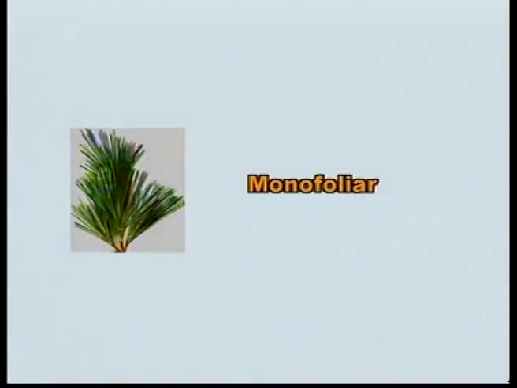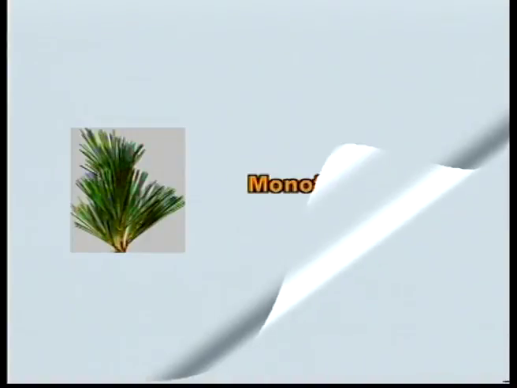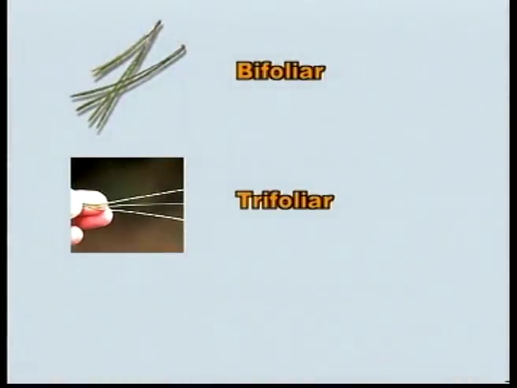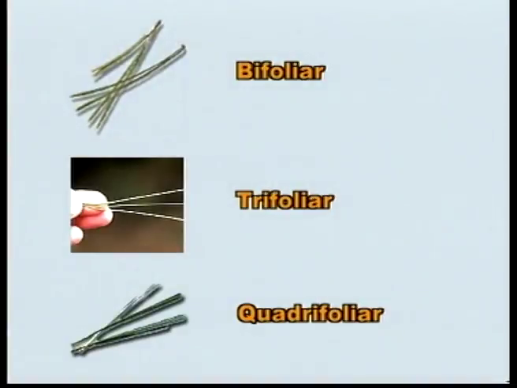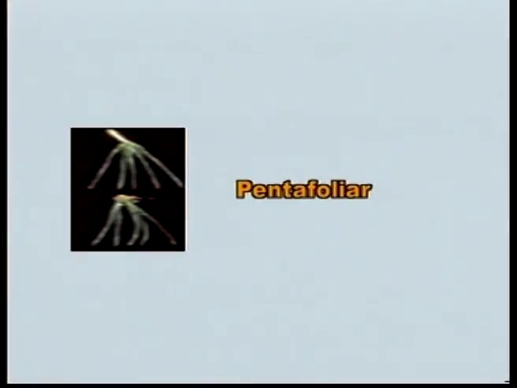There are different types of spur in Pinus which are based on the number of needles found in it. If there is one needle in a spur, it is called unifoliar or monofoliar spur. If there are two needles, it is called bifoliar. With three needles, it is trifoliar, 4 is quadrifoliar, and 5 are pentafoliar spurs.